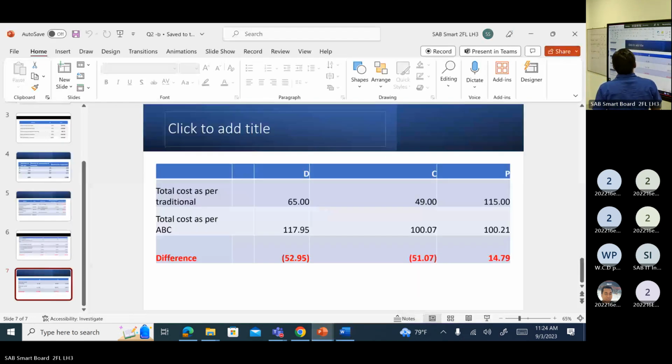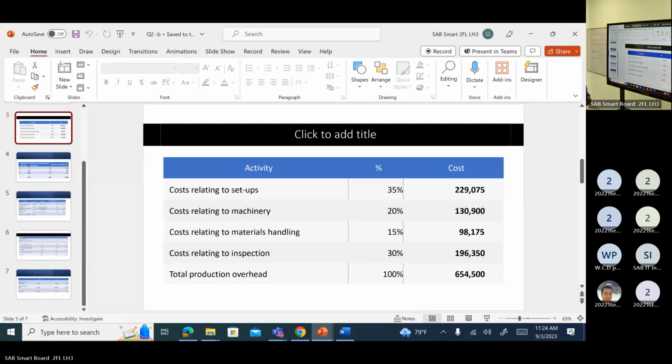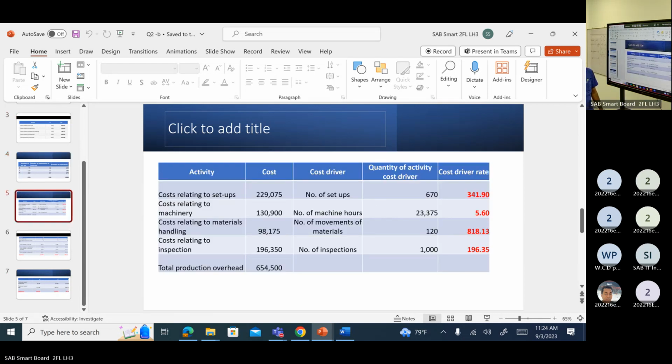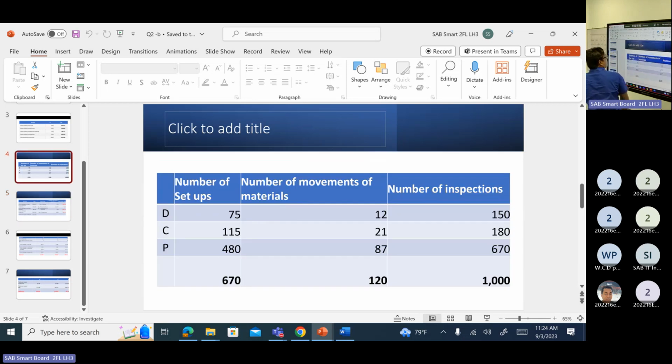So once you get this, this is given. Now this one. Now you have total number of setups 670, total number of material movements 120, total number of inspections 1000, and total number of machine hours.